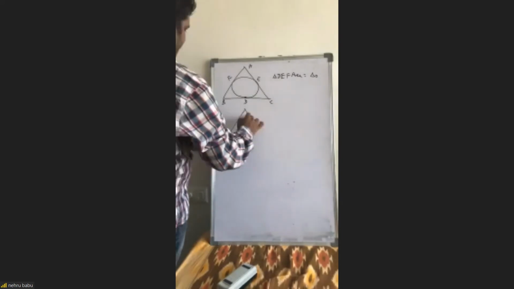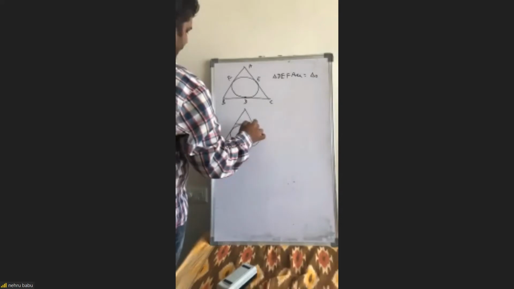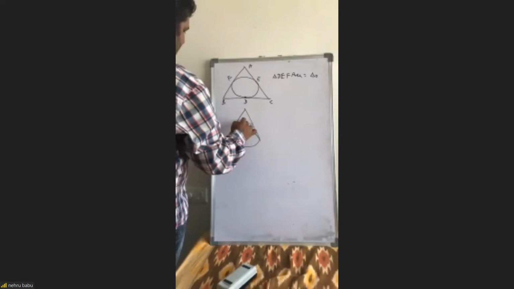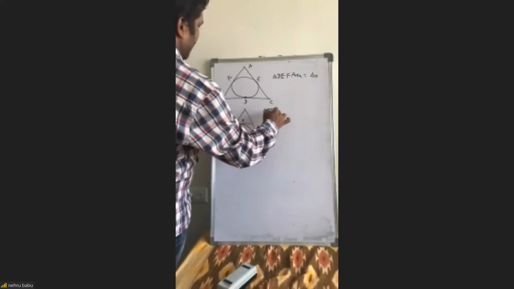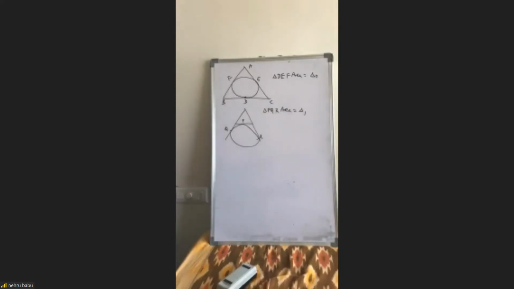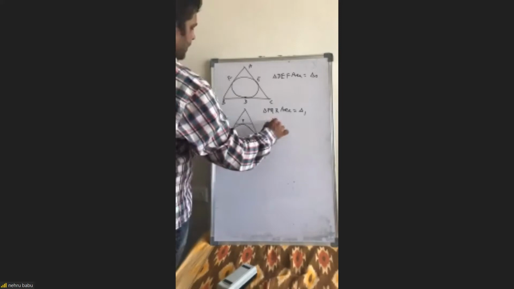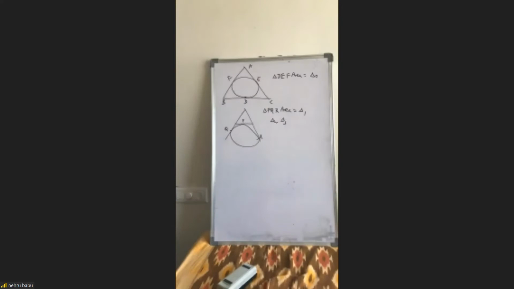In the same way, if the excircle opposite to A touches at P, Q, R, then triangle PQR area equals delta 1. Similarly, delta 2, delta 3 are also areas formed by the excircles.